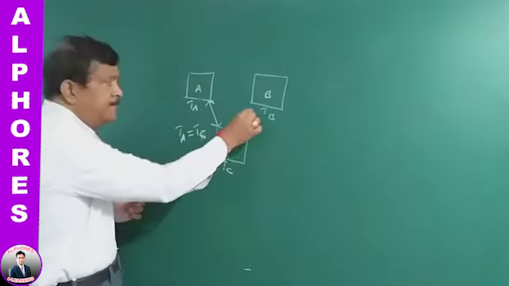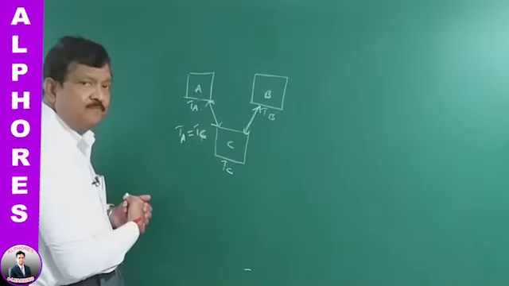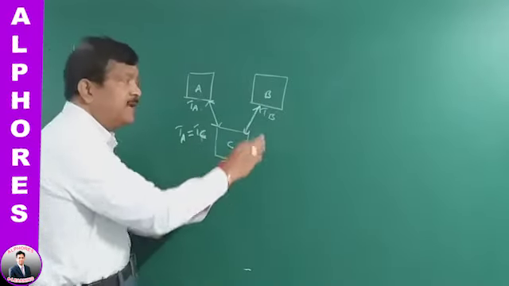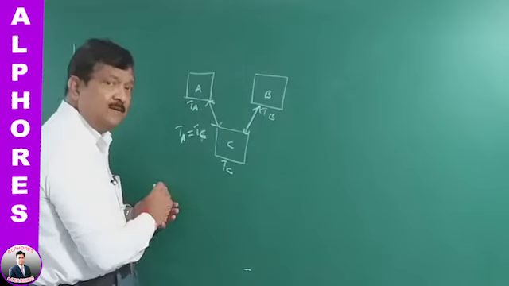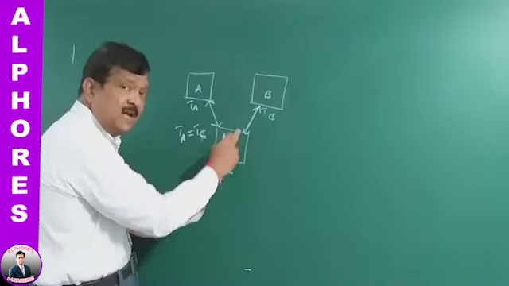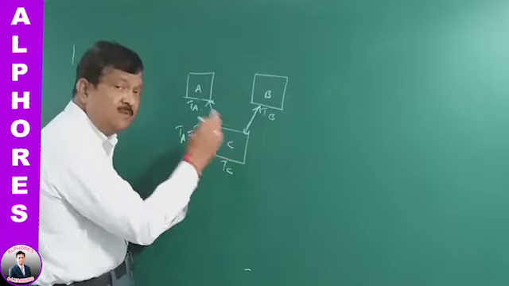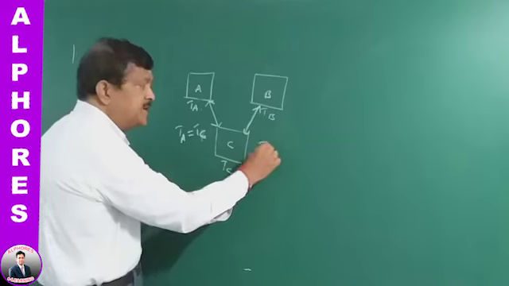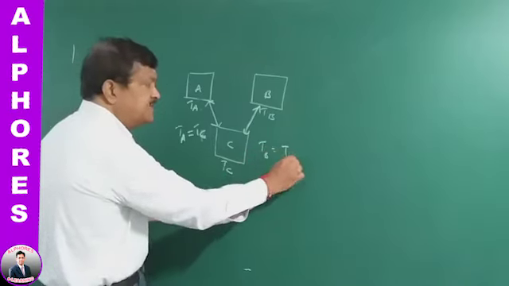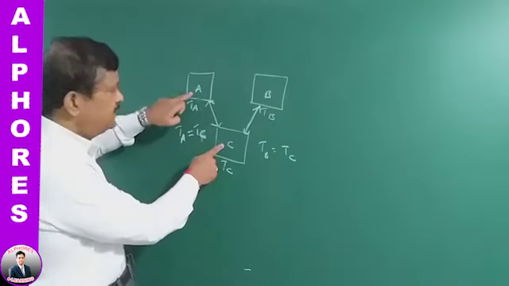Now suppose B is also in thermal equilibrium with C. What does it mean? There is no transfer of energy between B and C also. So no transfer from C to B or B to C. Then what can we conclude? The temperature of B and the temperature of C are also equal. Very clearly, these two are in thermal equilibrium.